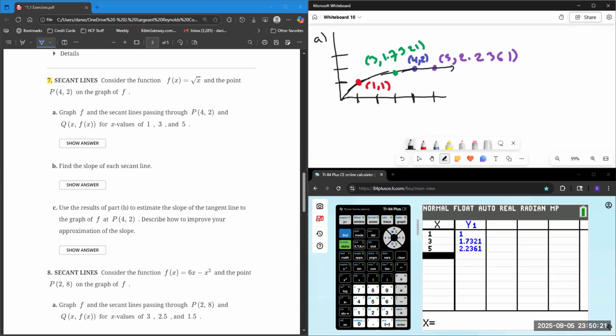So call this point here Q1. This point here is P. Call this point here Q2 and this point Q3.